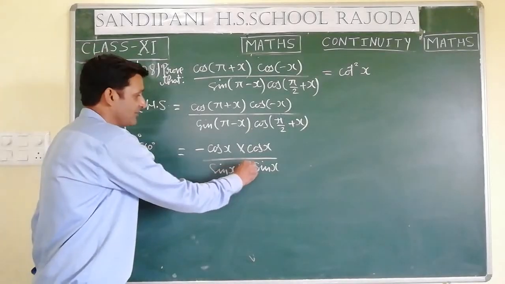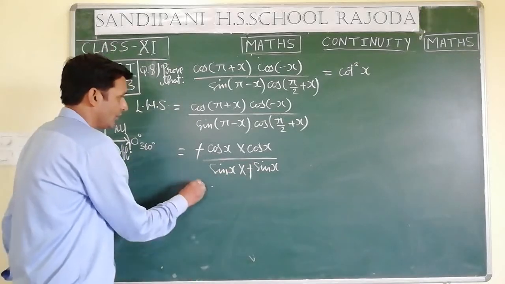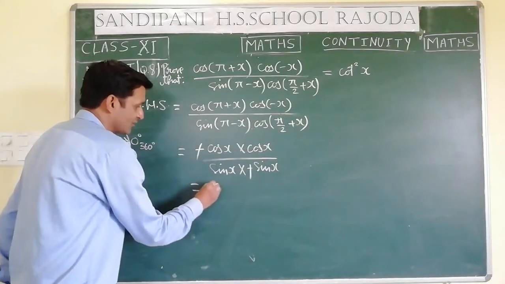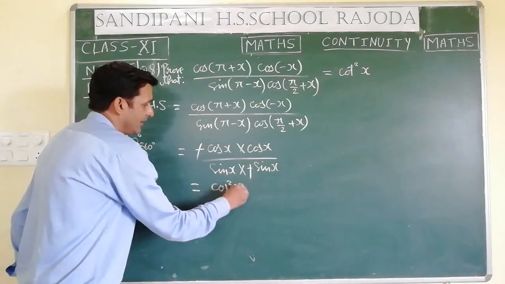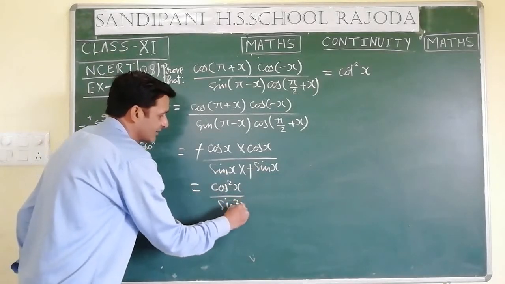Now this minus sign will be cancelled by this, because this is in the product form. So here cos x into cos x is cos square x, and upon sin x into sin x is sin square x.